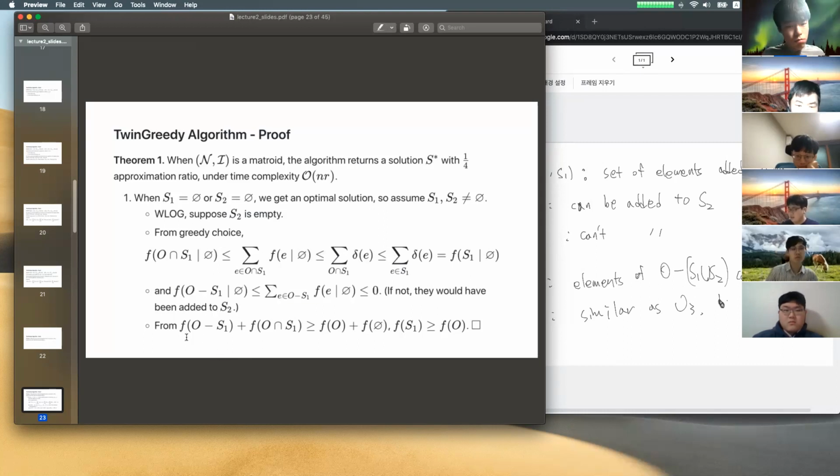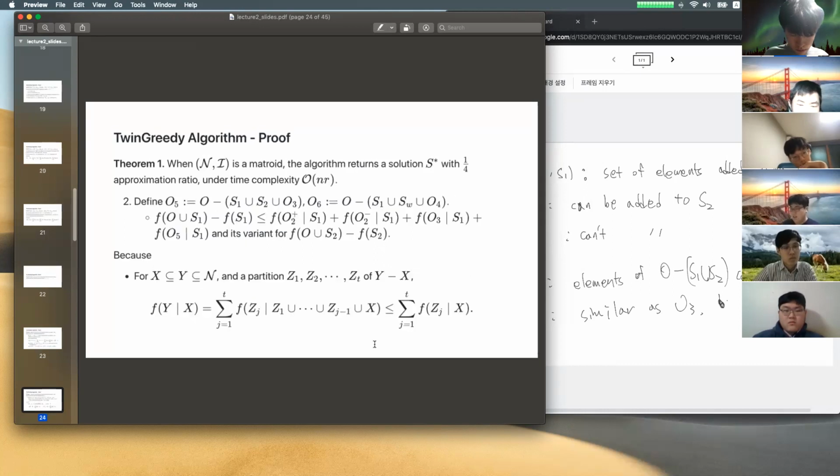Proving this fact ends with some submodular inequality and computation.